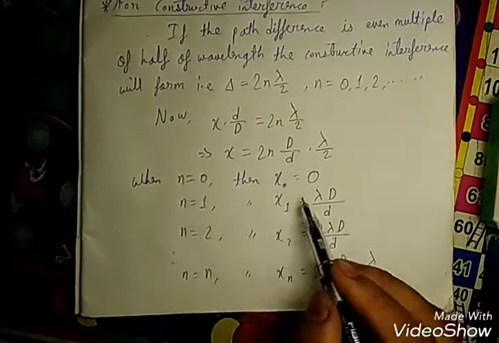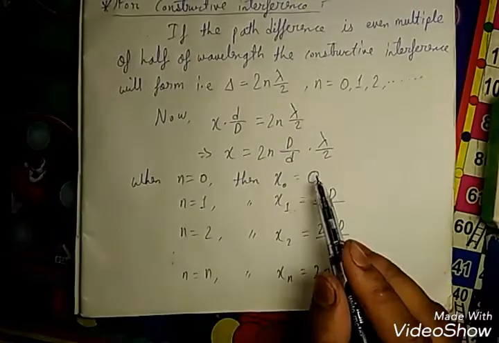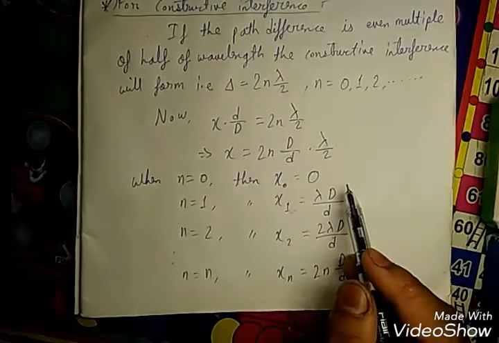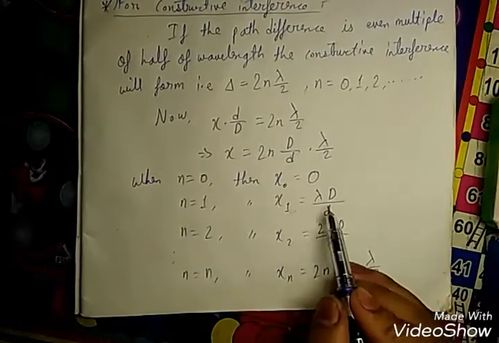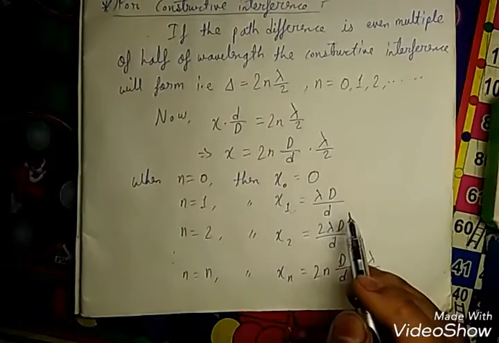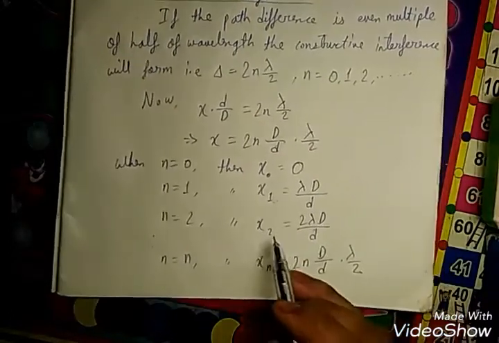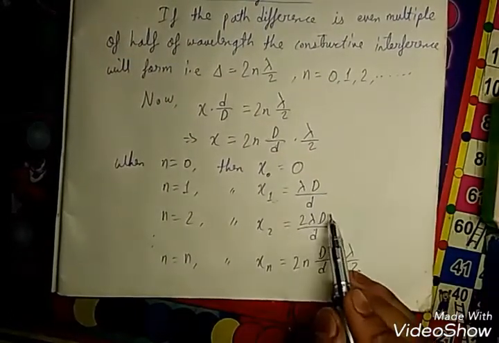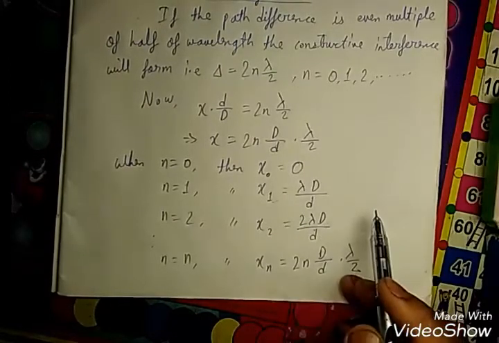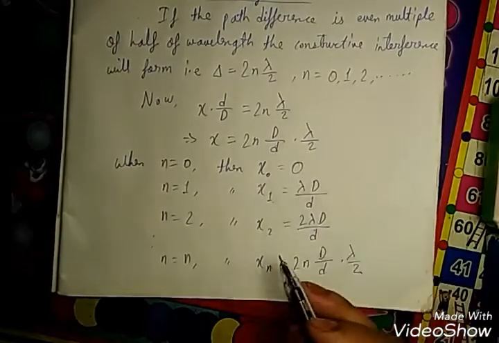So here we got x0 is equal to 0, which is the central bright fringe. Now x1 is equal to lambda capital D by small d, which is the first bright fringe. Then x2 is equal to 2 lambda capital D by small d, which is the second bright fringe, and so on.